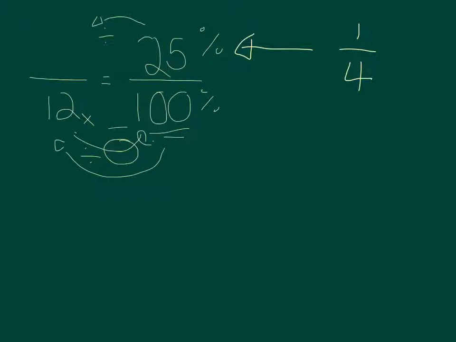Well, what's 1/4 of 12? What is 1 of 4 parts? Let's divide 12 by 4 and see what one of those numbers would be. Once you get this number, you have to subtract that from the 12 so that you know that's your discount. That's how much money you're being discounted, so that you can get the actual sales price.